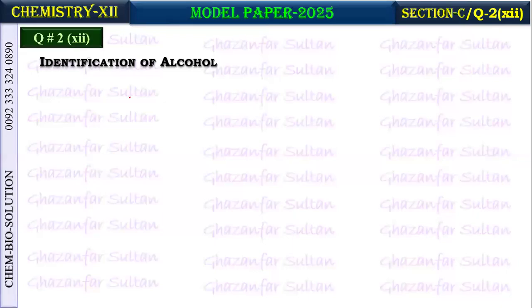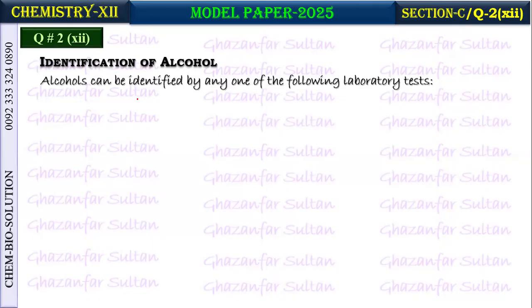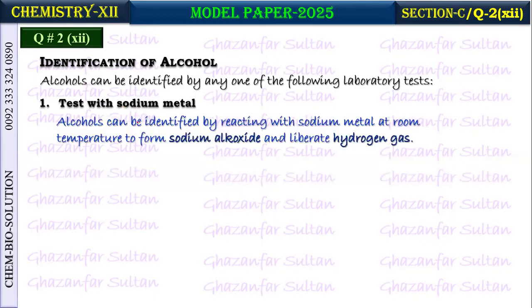Now see the identification of alcohol. Just like alkene, there are several ways to identify an alcohol, and I have given here two methods. Test with sodium metal. When alcohols react with sodium metal, you take the pure alcohol in the test tube, and in this alcohol we add a small piece of sodium metal.